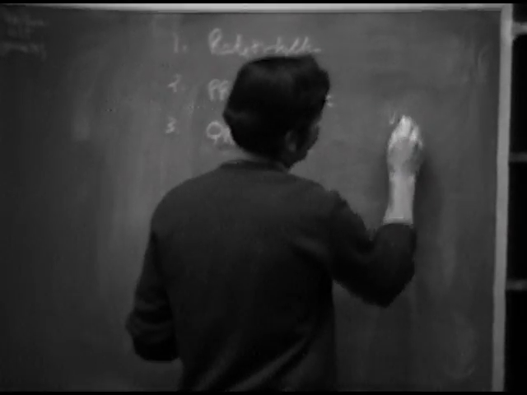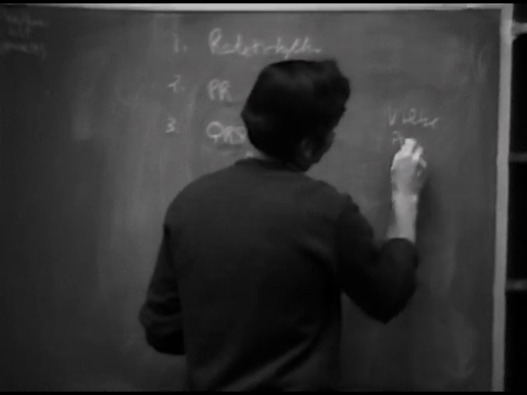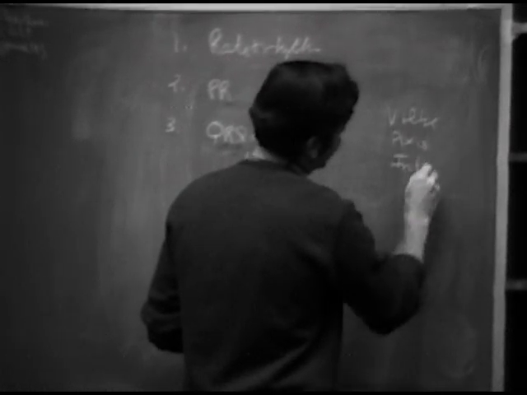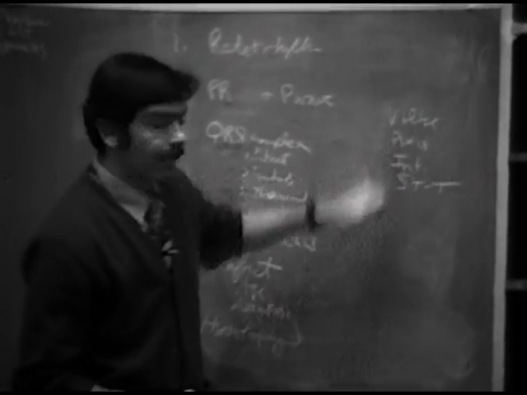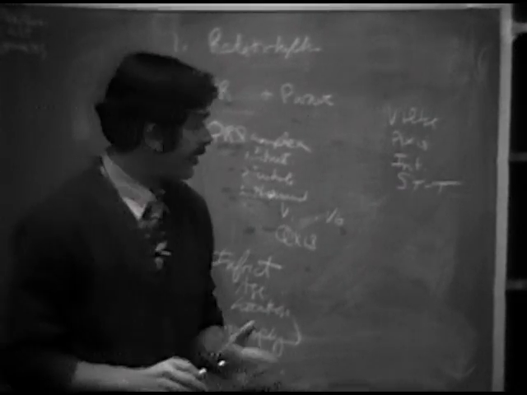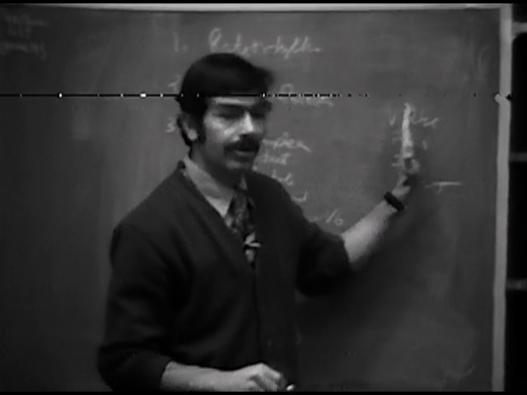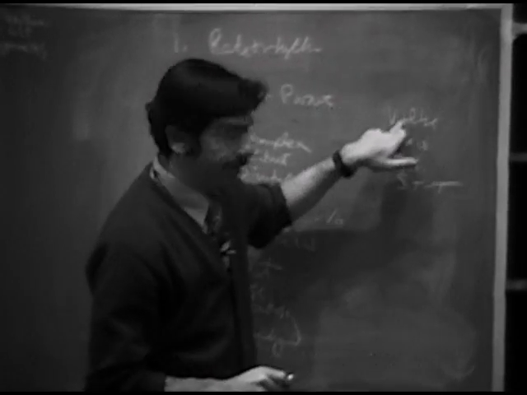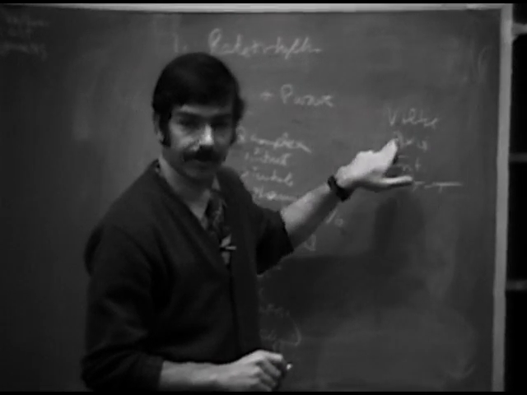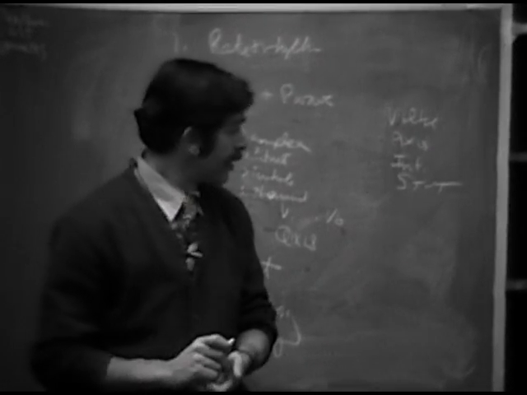Let's put that: voltage, axis, intrinsicoid, and ST wave changes. We went over all of these before in great detail, and for the criteria for right and left ventricular hypertrophy, you follow the same outline: voltage, axis, intrinsicoid, ST wave changes.